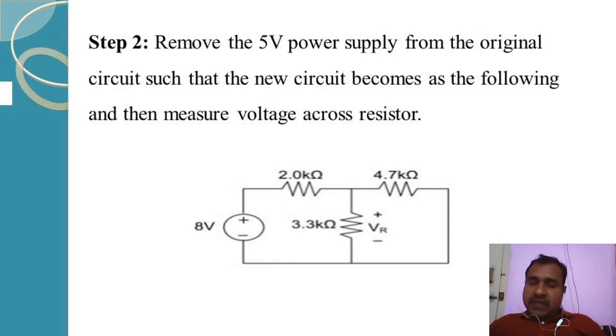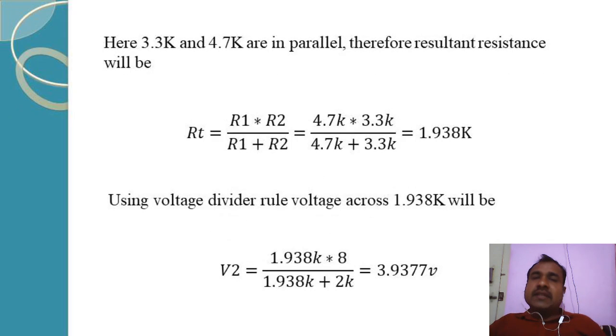Hence R total is R1 into R2 divided by R1 plus R2, that is 4.7K into 3.3K divided by 4.7K plus 3.3K, which is equal to 1.938K. Now I need to find the voltage across this resistance. So V2 is equal to 1.938K into 8, the supply voltage, divided by 1.938K plus 2K. That is equal to 3.9377 volts.